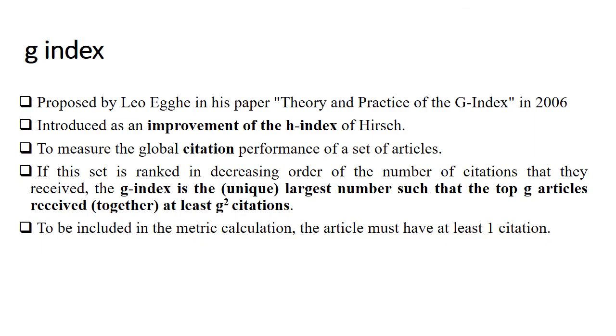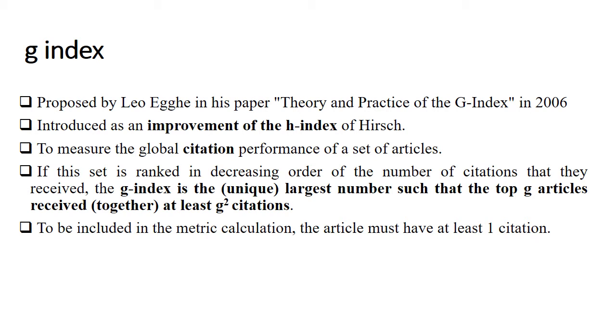The next metric that we have is the G-Index. The G-Index was proposed by Leo Egghe in his paper Theory and Practice of the G-Index in 2006. The G-Index was basically an improvement over the previous H-Index that we have already discussed. It tries to check the global citation performance of a set of articles.